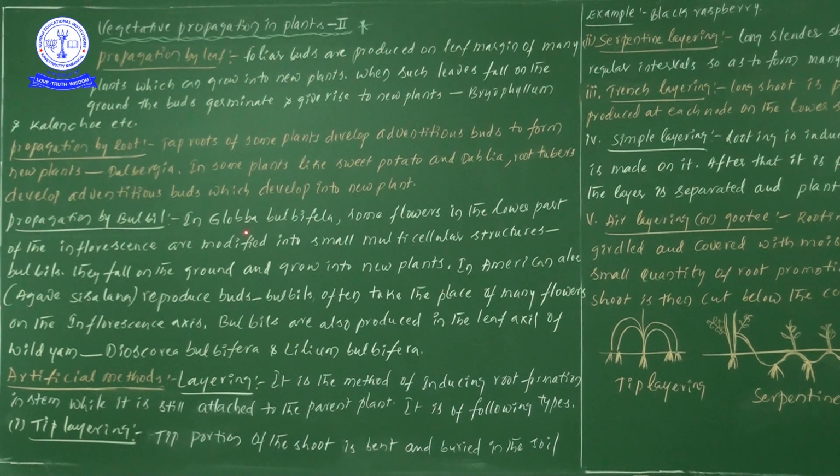Here it is the same thing we saw in Globba bulbifera. There also, the basal flowers in the inflorescence were modified into multicellular structures. Likewise in American aloe, Agave sisalana, reproductive buds are there, meaning vegetative propagation buds, which we take as bulbils.